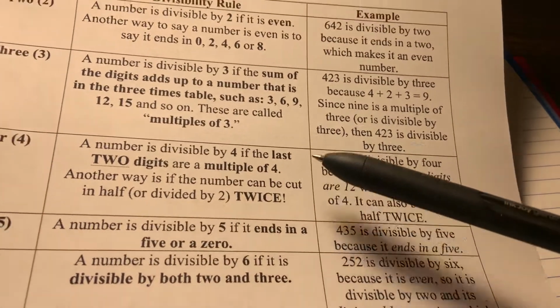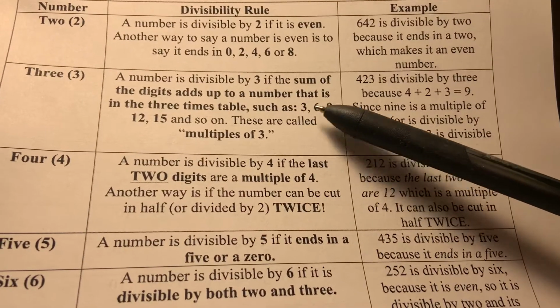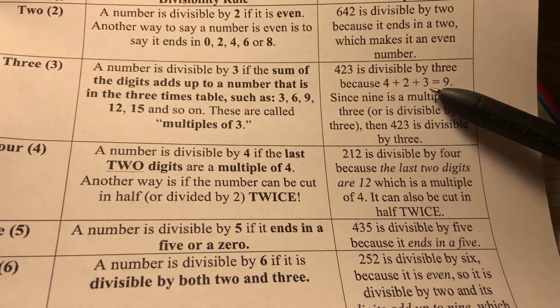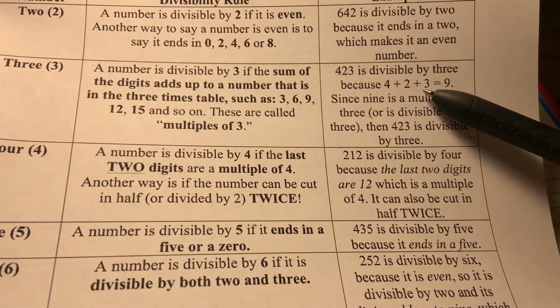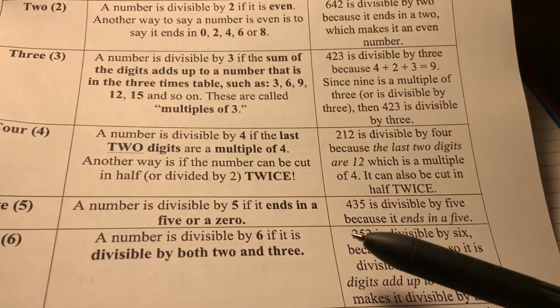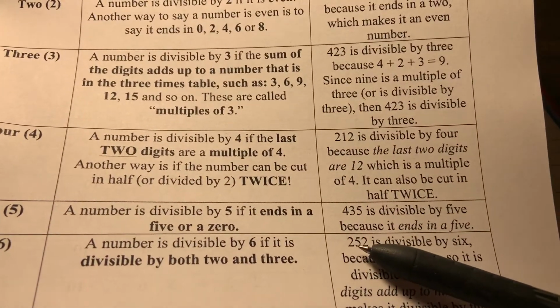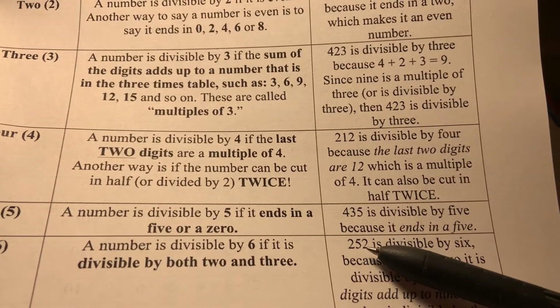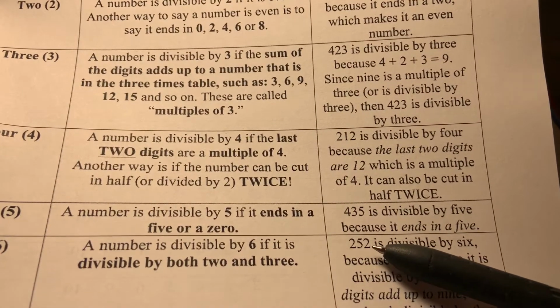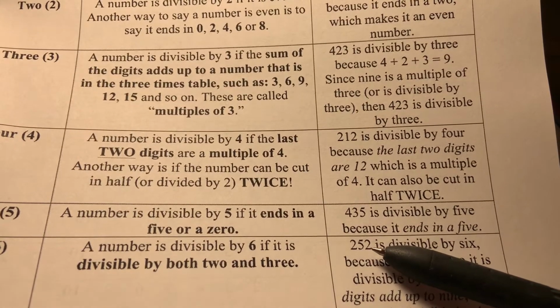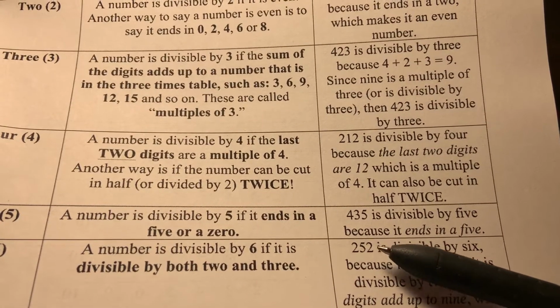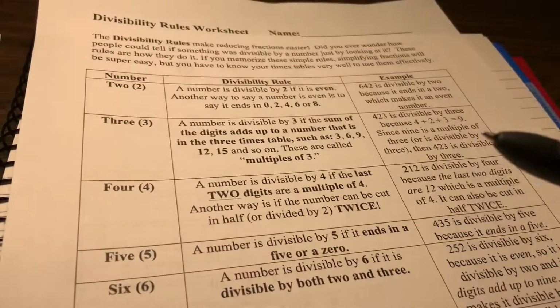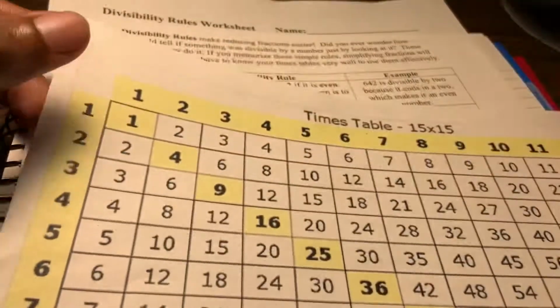Now, is this number also divisible by 3? Well, let's do the trick that we learned up here. What's the trick? You add the numbers up to see what the sum is. What's 2 plus 5? That's 7. What's 7 plus another 2? That's 9. And the question is, is 9 a multiple of 3? Is 9 in the 3 times table?